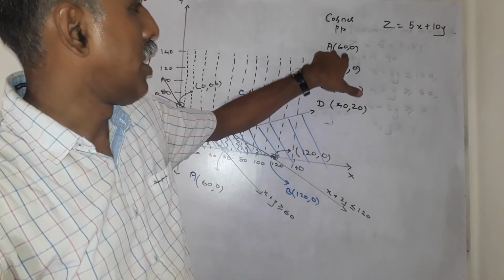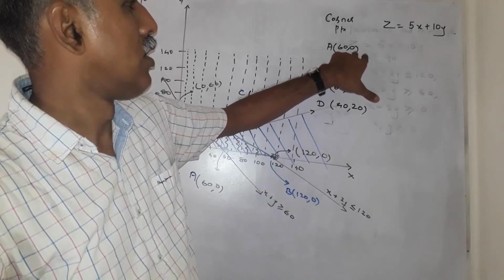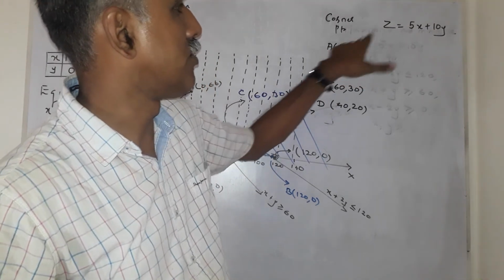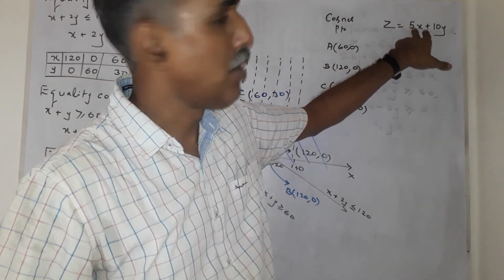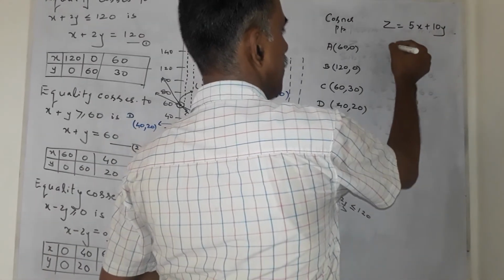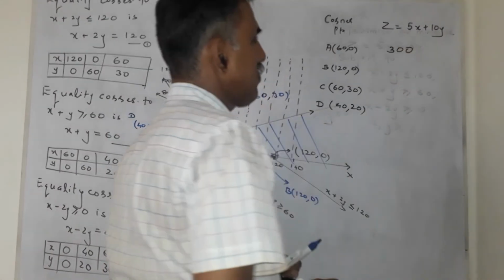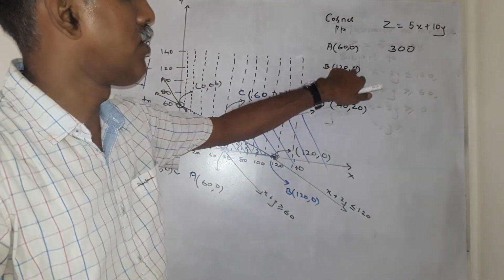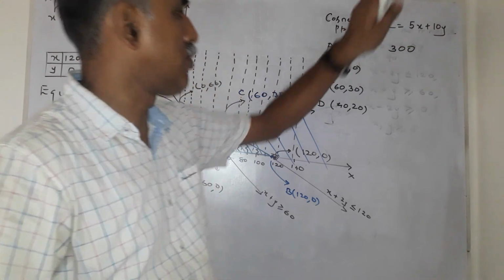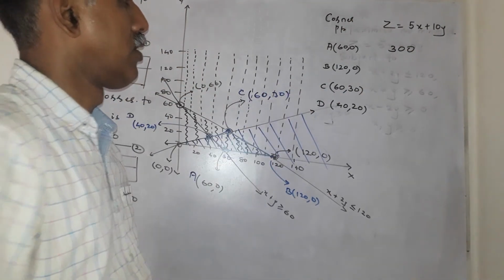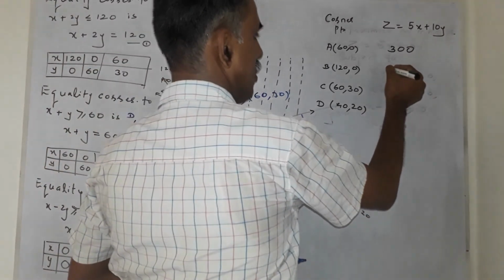At A, 60, 0, y is 0 and x is 60. 60 into 5 is 300, plus 0. So the value is 300. At B, the y coordinate is 0, so 10 into 0 is 0. The x coordinate is 120, 120 into 5, so that makes it 600.